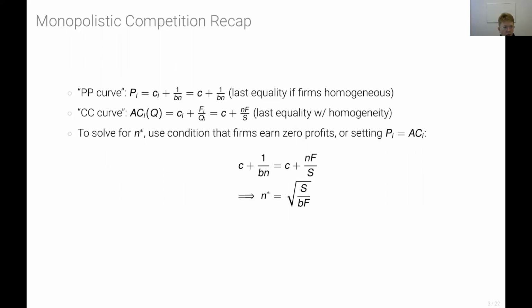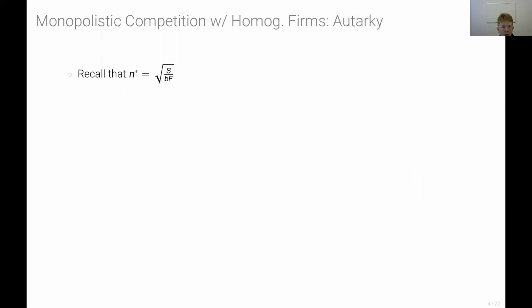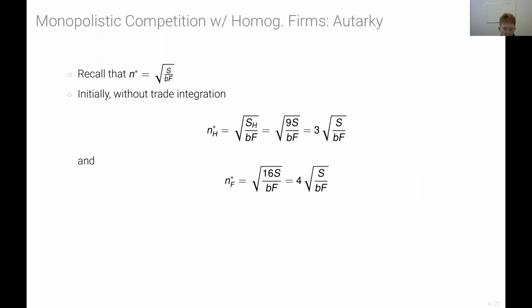Using this formula and noting that S_H is equal to 9 and S_F is equal to 16, the number of firms in home is given by plugging in S_H, which gives us that N_H, the equilibrium number of firms, is equal to 3 times the square root of S over BF.